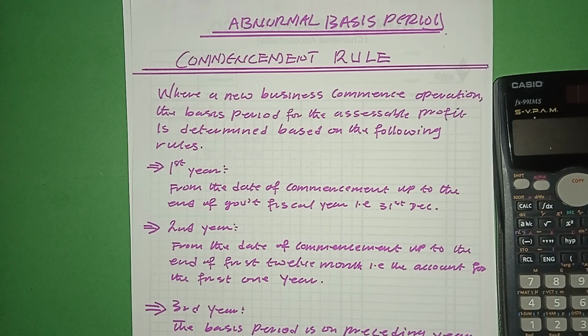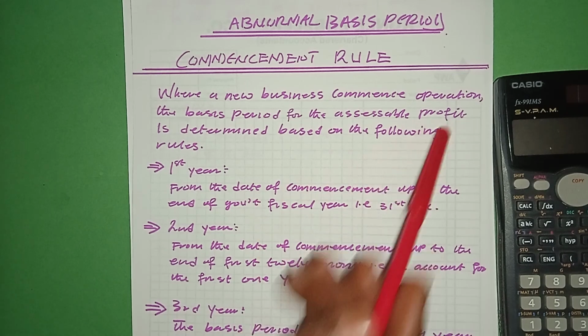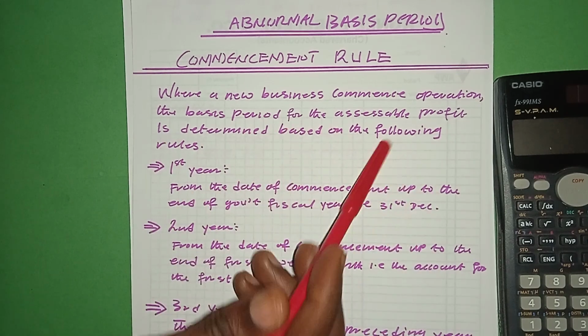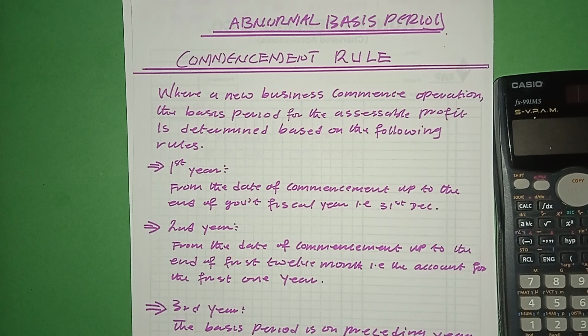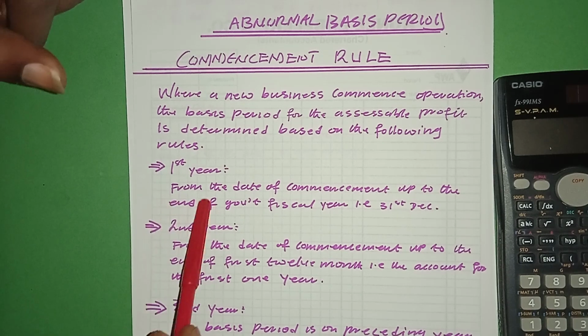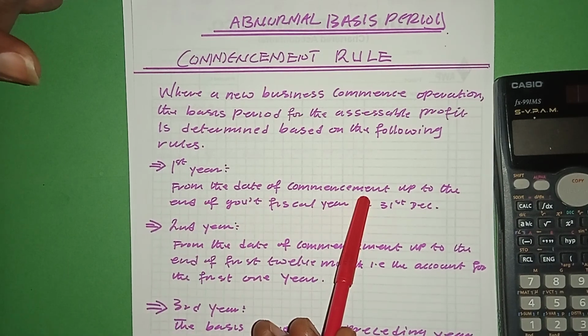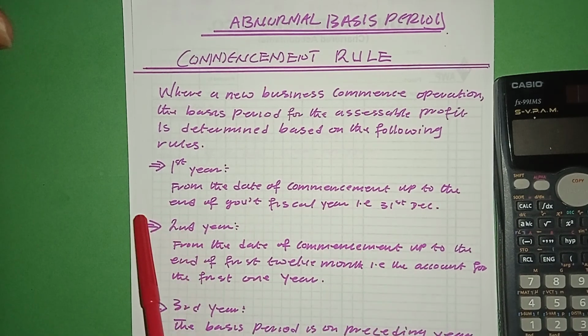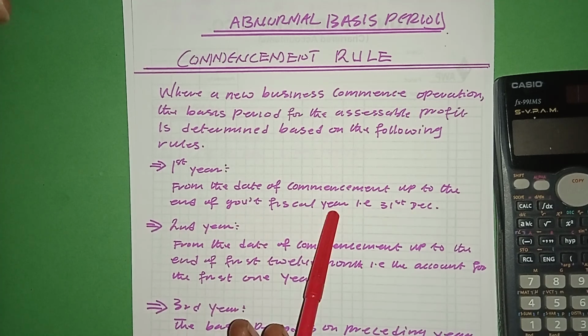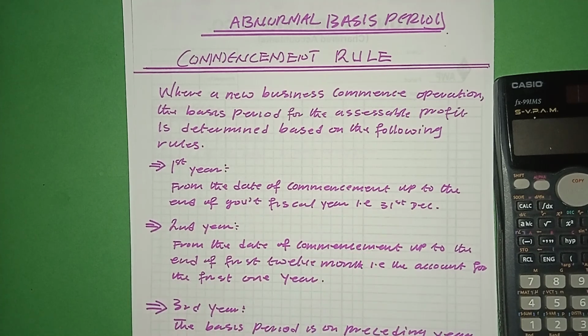So this is the old rule of commencement. They say for every business to commence operation, the basis period for the assessable profit is determined based on the following rules. First rule: from the date of commencement up to the end of the government fiscal year, that is 31st December.